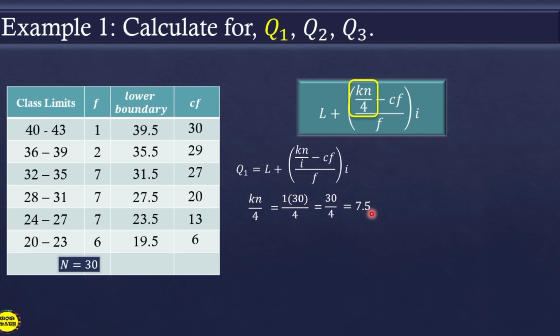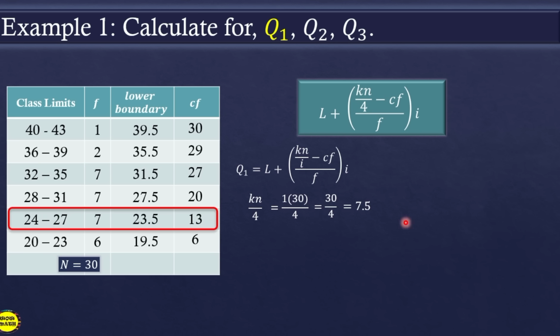Si 7.5 ay nasa pagitan ni 6 and 13. Laging kukunin yung mas mataas na number. Again, si 7.5 ay nasa pagitan ni 6 and 13, so ang pipiliin ninyo lagi yung mas mataas na number. Okay? So, ibig sabihin class, ito ngayon yung quartile class natin.